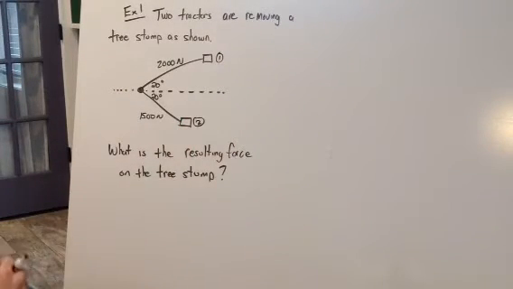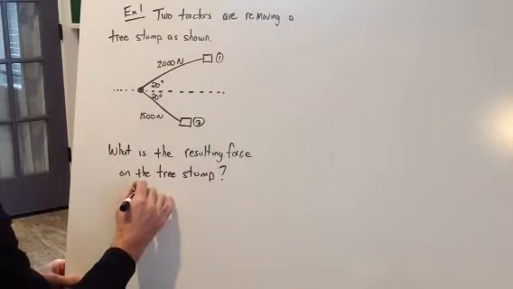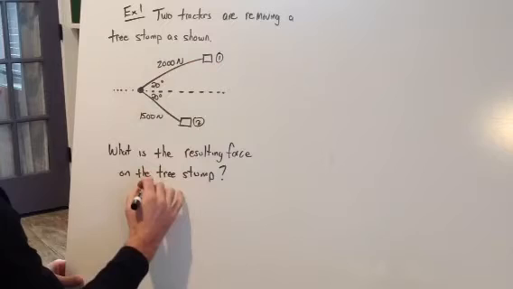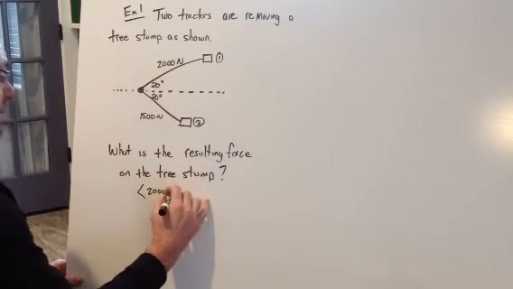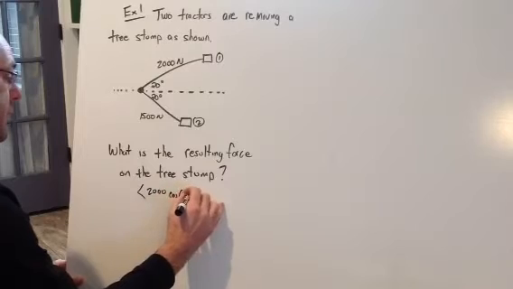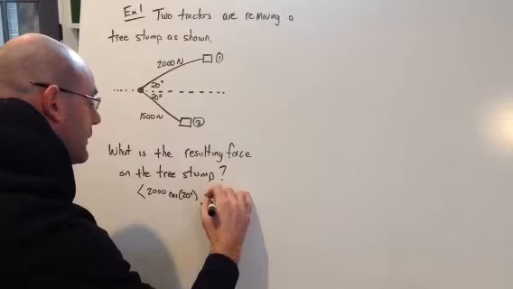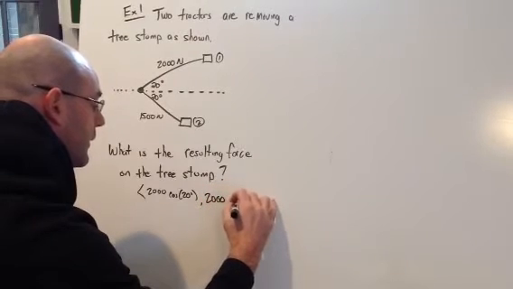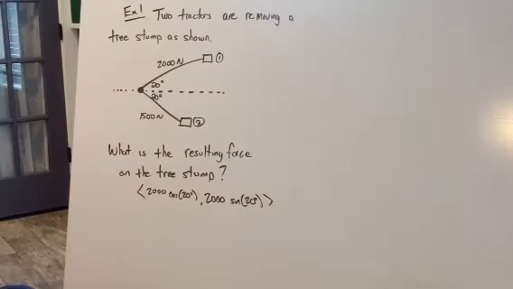Okay, so if I want to go into component form for what tractor 1 is doing, I take that magnitude 2000. I got my angle of 20 degrees, so 2000 cosine 20 degrees for the horizontal, and then the vertical will be 2000 sine 20 degrees, tractor 1.